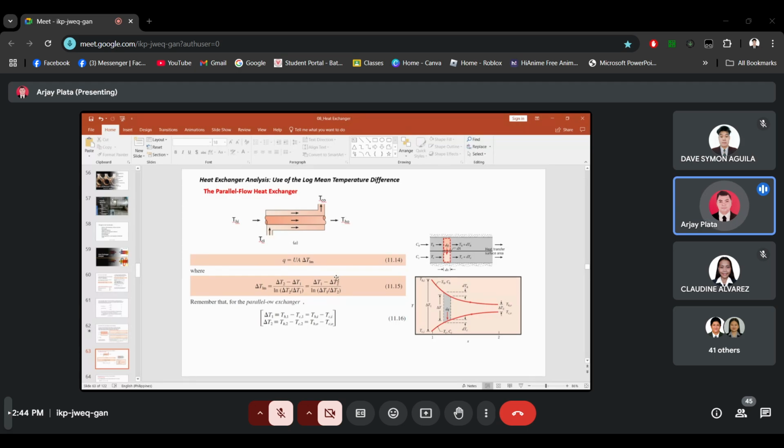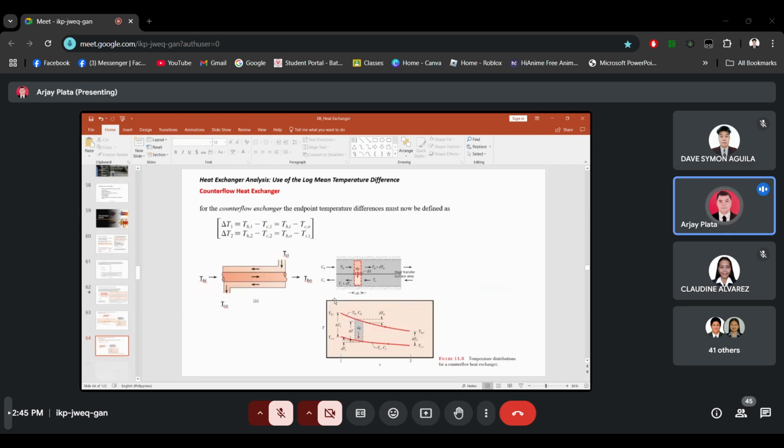So delta T1 will be THI minus TCI, and delta T2 is THO minus TCO. However, for the counterflow, there's a different consideration since the flow of the fluids is opposite. So delta T1 will be THI minus TCO, while delta T2 is THO minus TCI.